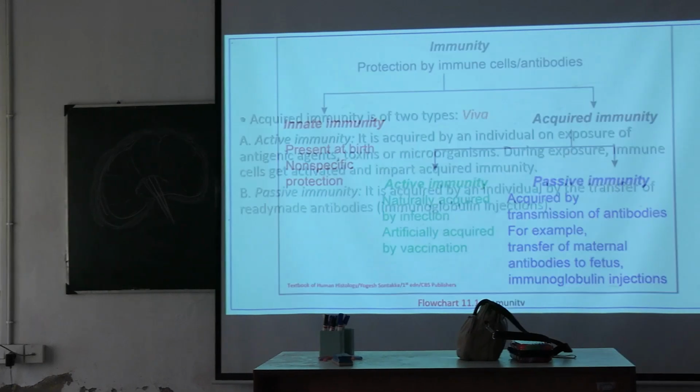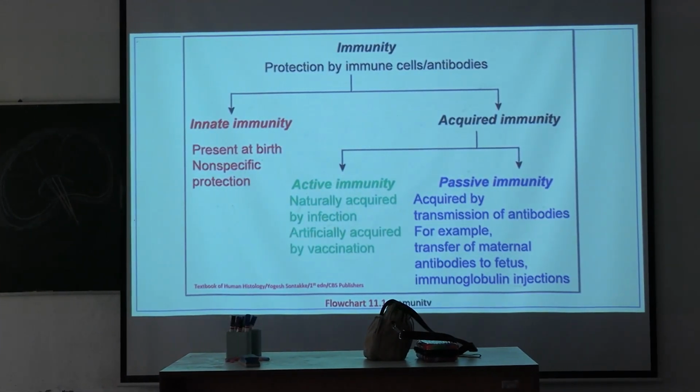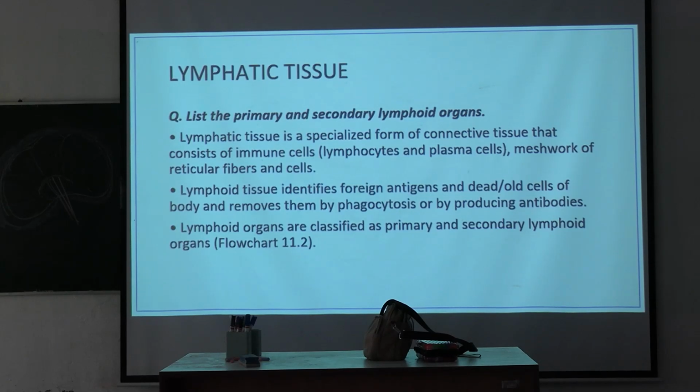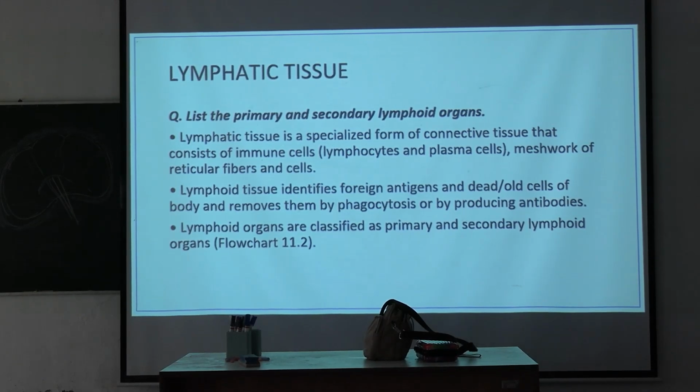Now, this you will be reading in your theory. Lymphatic tissue, list of primary and secondary lymphoid organs. Lymphoid tissue is a specialized form of connective tissue.